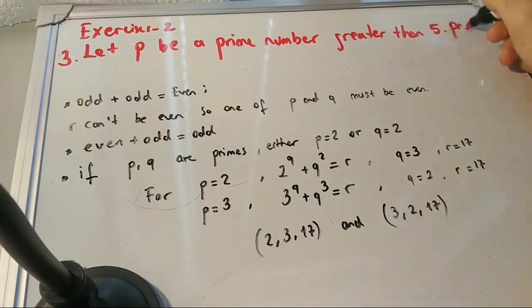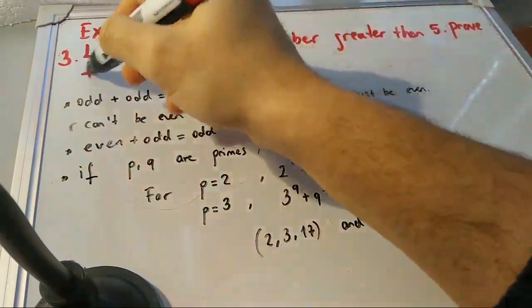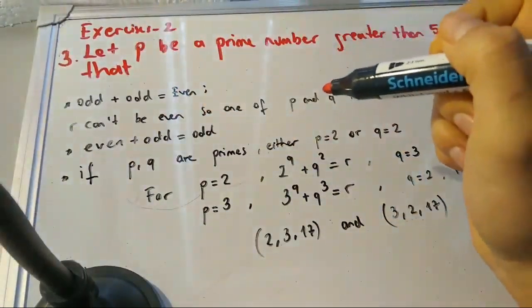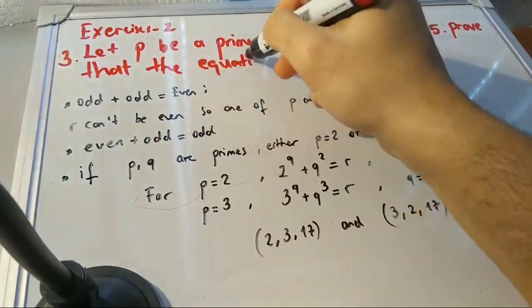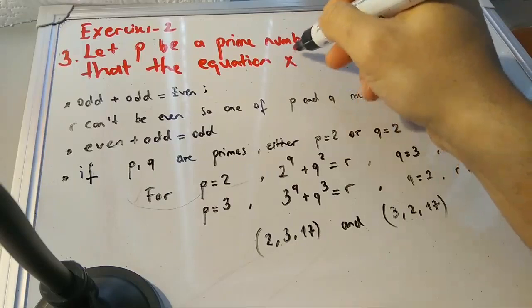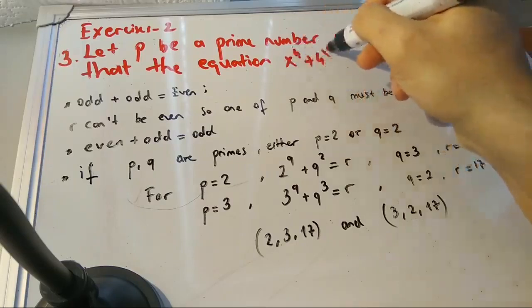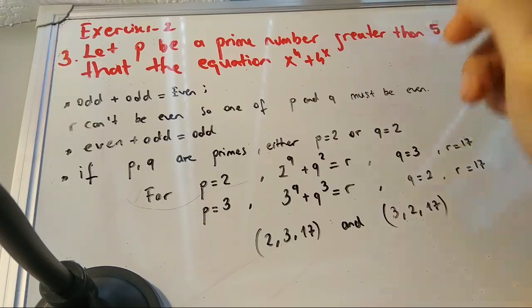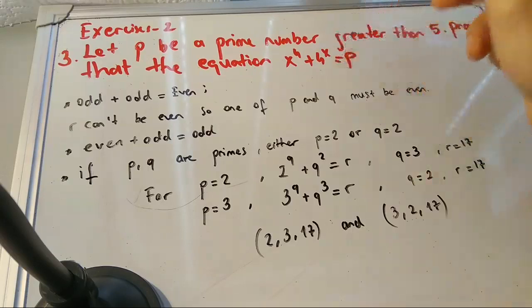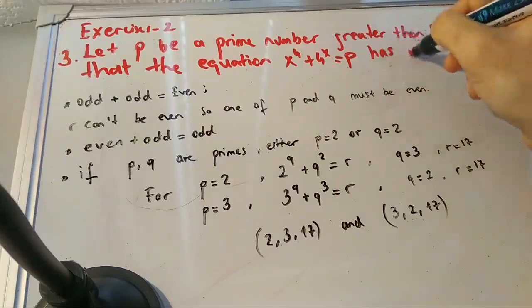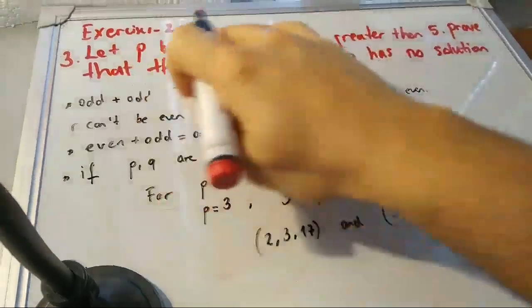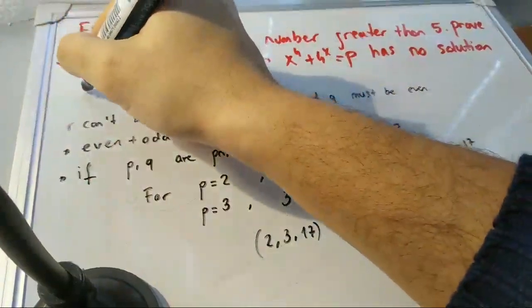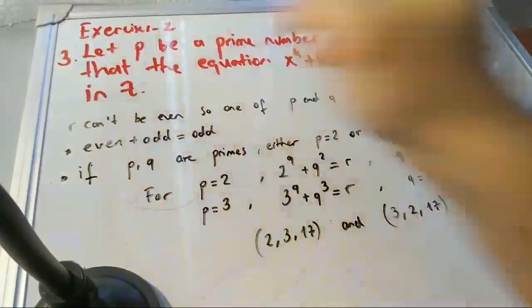Prove that the equation x to the power of 4 plus 4 to the power of x is equal to p has no solution in integers. Okay, in integer sets.